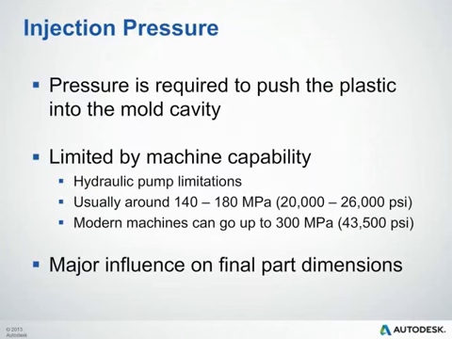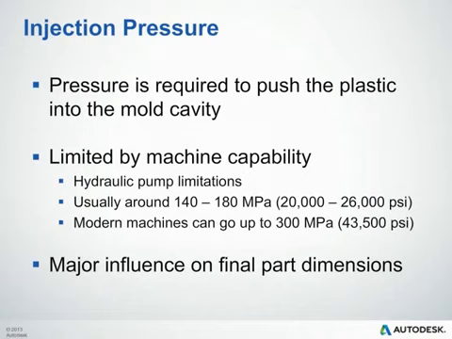I'll talk a little bit about injection pressure. Of course, the pressure is required to push the plastic into the mold cavity. This is what we're going to call our injection pressure. This is usually limited by your machine's capabilities. So you have a hydraulic pump or an electric motor on this machine that only has a certain horsepower to it.